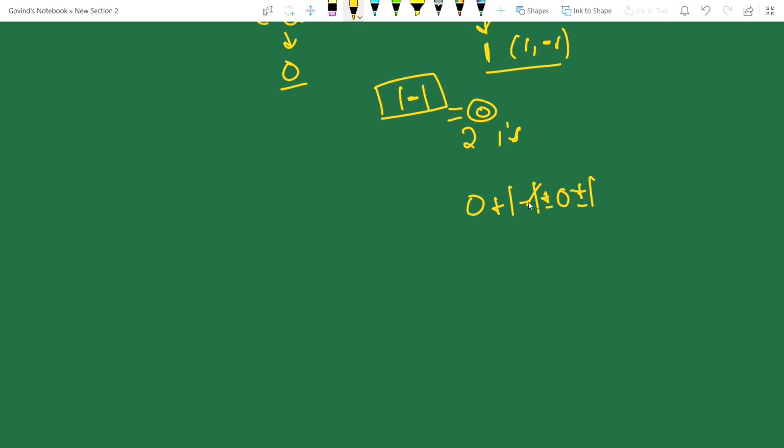We can cancel these ones, but this one is not going to be cancelled with any other, and it will make the absolute value 1. Okay, so this is the whole concept this question is asking: we have to put half the number of ones as plus and the others as minus, and the remaining one is minus.